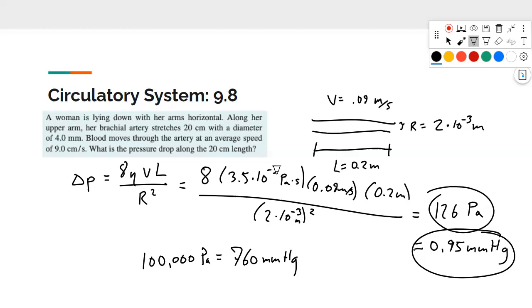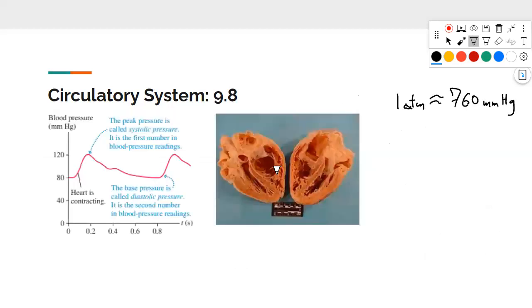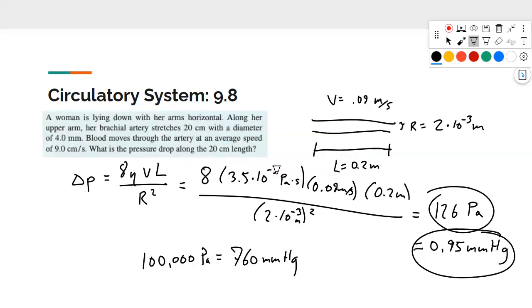But anyway, this is a good thing. This should feel like it checks out, because if our blood pressure is in the region of hundreds to 80 for a normal healthy person, then losing less than 1 millimeter of mercury of pressure along some pretty long stretch of artery is not too bad.